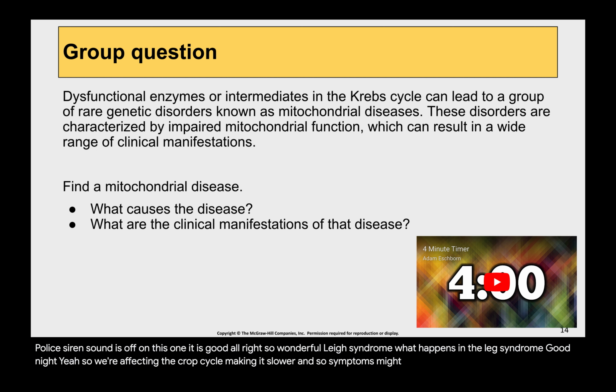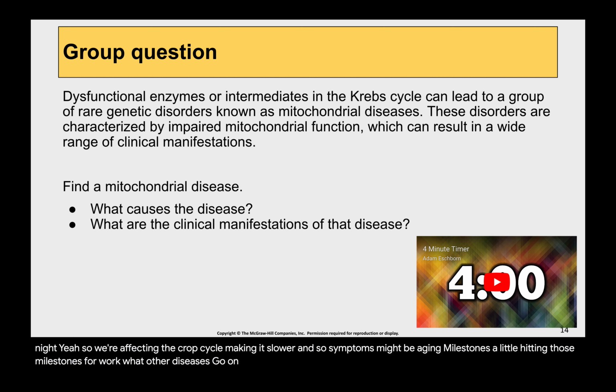What other disease did we find? A whole handful of them. All right, well, maybe we just need to go on. I can't recall them off the top of my head. I was relying on you all to recall them for me. So I know Leigh syndrome is one.